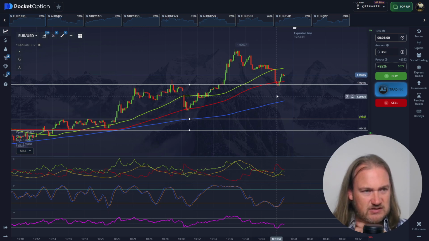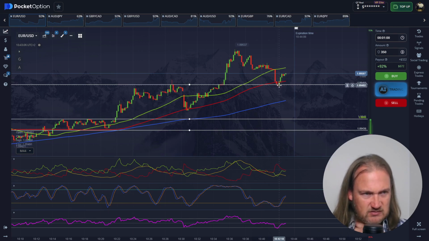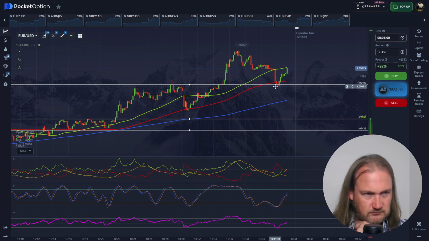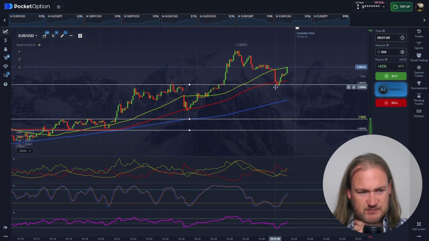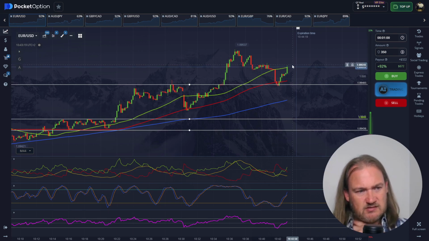This would actually have been a good trade, because the support area from here is basically the same as the 100 moving average. This would have been a very good trade, actually. It happens. I miss some trades sometimes. Right, so now we're going to look.